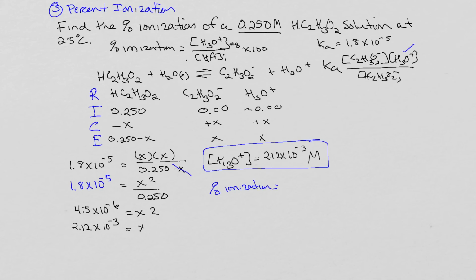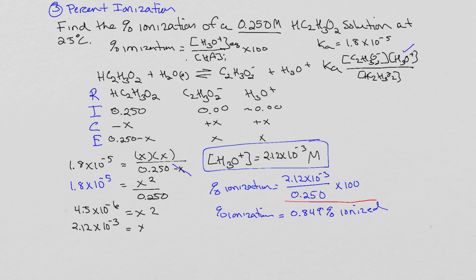It's going to equal our 2.12 times 10 to the negative third divided by 0.25 times 100, and what we'll see is that our percent ionization equals 0.849% ionized, which is our target answer here.